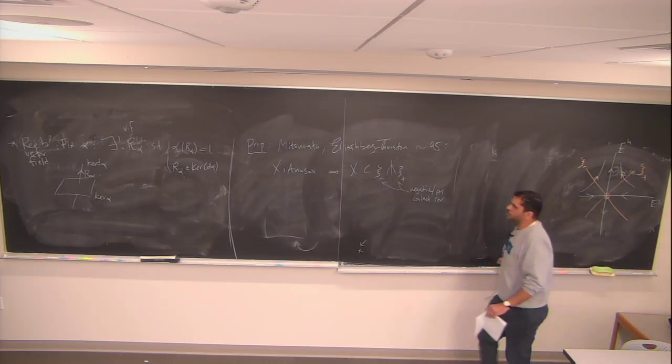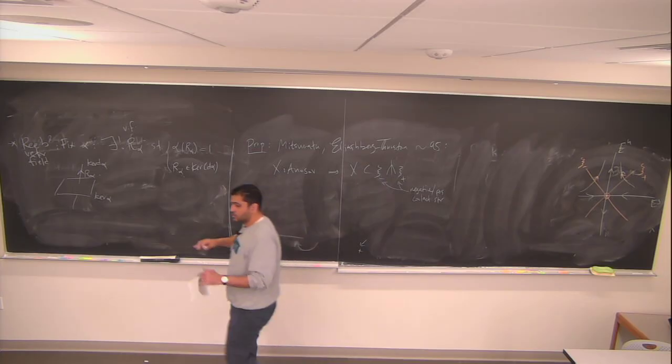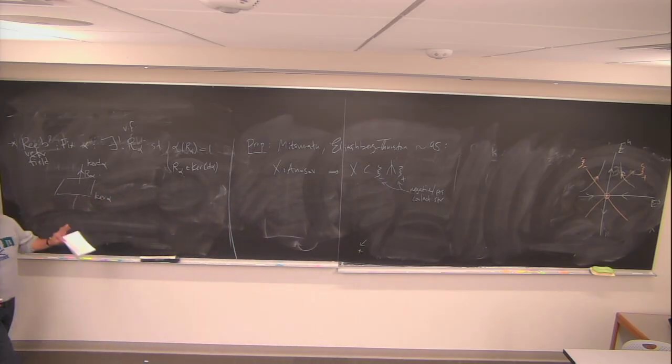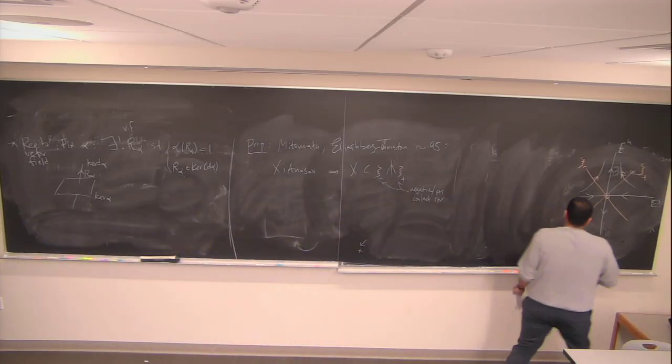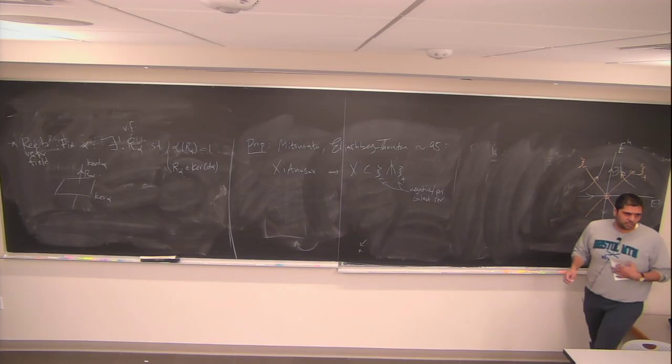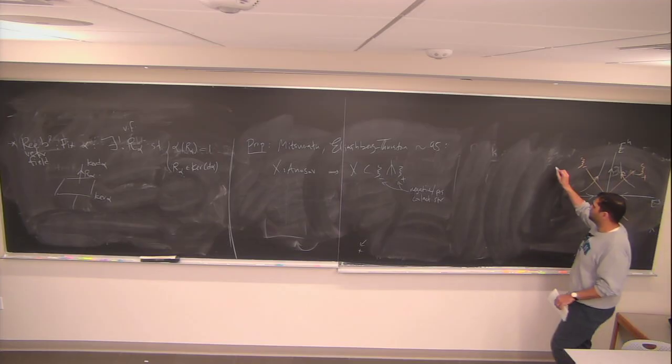If you are very optimistic, you might hope that maybe this is the only condition that I need. Maybe this contact geometric condition characterizes an Anosov flow, but that turns out to be a little bit far from the truth.